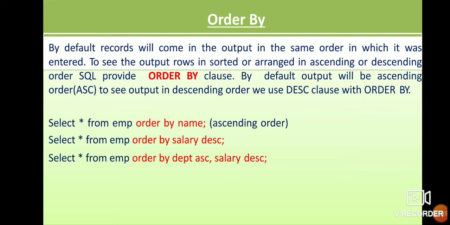If you want to arrange by two columns, like department and salary both, where department should be in ascending order and salary in descending order, then I mention department ASC and salary DESC, like you can see in the example.